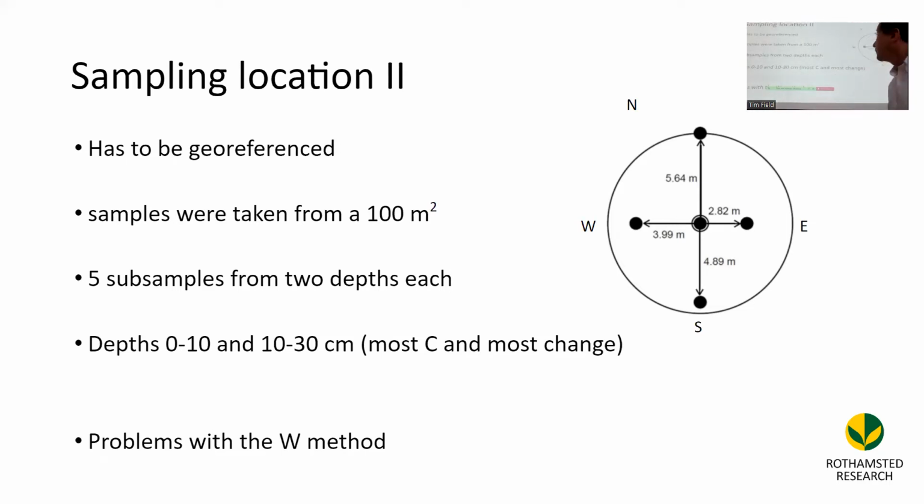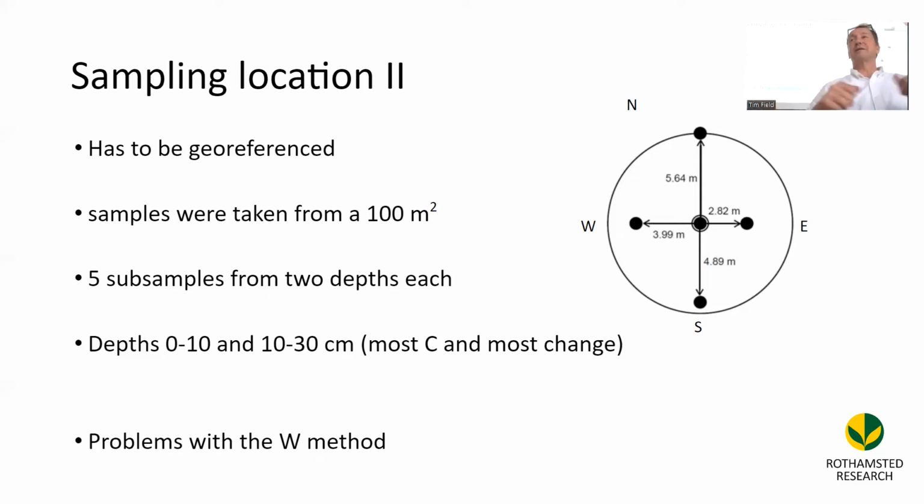And so, first of all, each point is georeferenced, so you can come back in 5 or 10 years and find the same point again. Then we said this is a geospatial sampling design, so it's representative for a 100 square meter area, and then the different lengths of the arms are actually supposed to give a good average for these 100 square meter. That's the baseline for this.